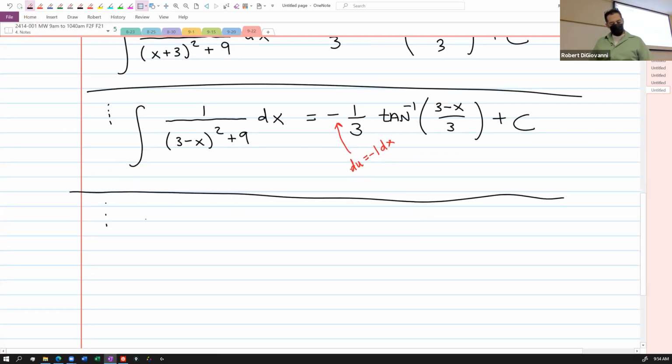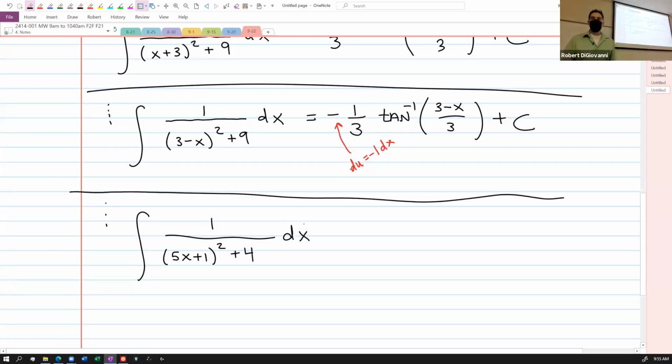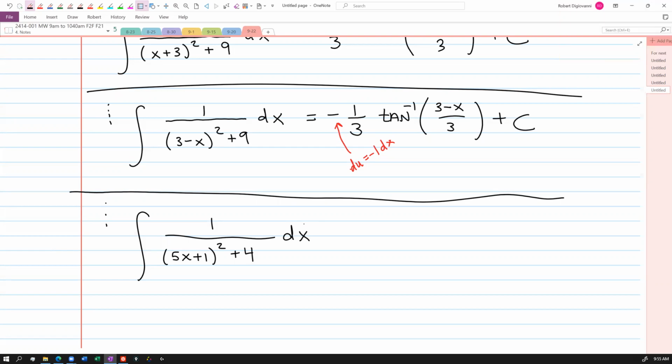Let's say we're working a problem and we get something like this: 1 over 5x plus 1 squared plus 4 dx. Again, we squint our eyes and realize this looks like a u squared plus 4 on the bottom. If I let u be 5x plus 1, du would be 5 dx, and I don't want a 5.